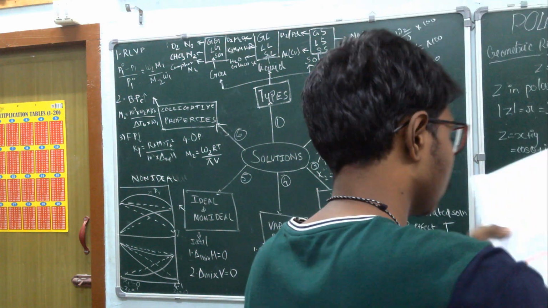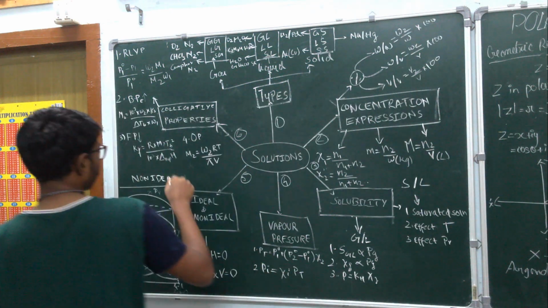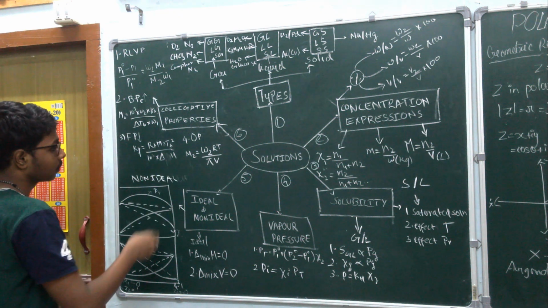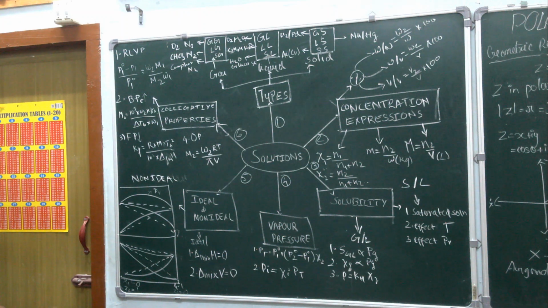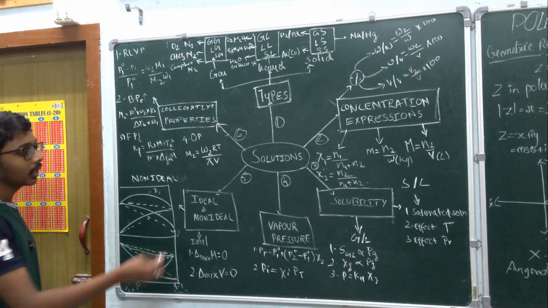So KF represents the cryoscopic constant, which is nothing but the molar depression constant. And KB represents the ebullioscopic constant, or elevation molar constant. You can include that one also.